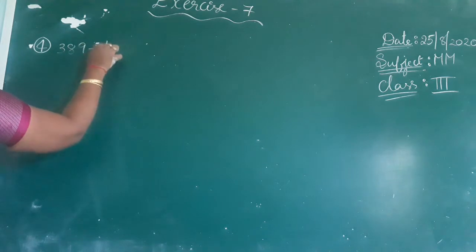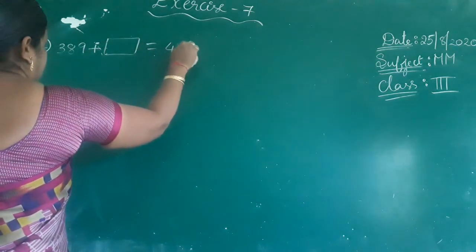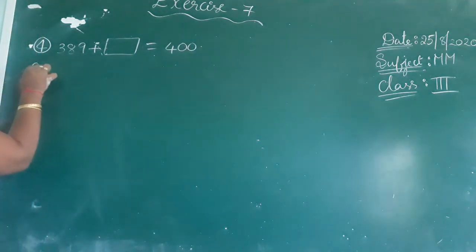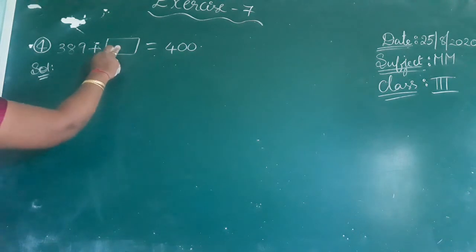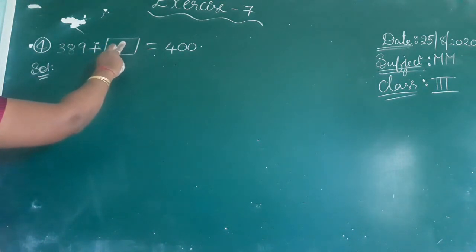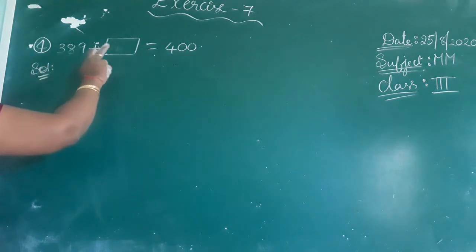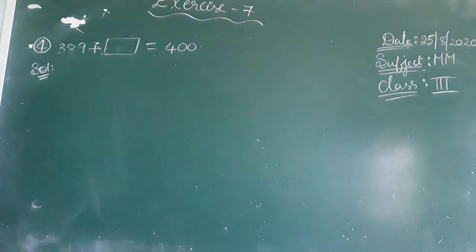389 plus something, we don't know that number. They got 400. See the question, once I'll explain you. If you add a number to 389, one number they didn't give us, we have to find this number. If we add that number to 389, you will get 400. This is the question.